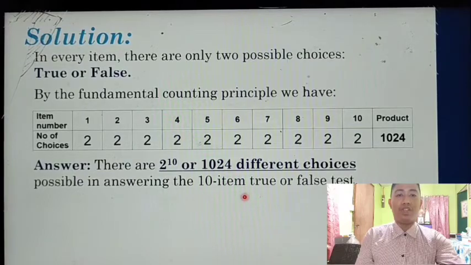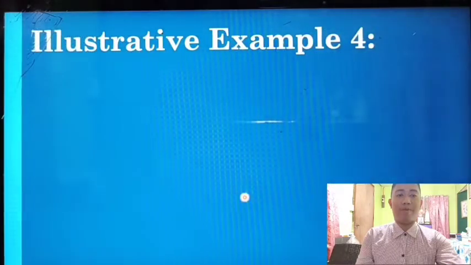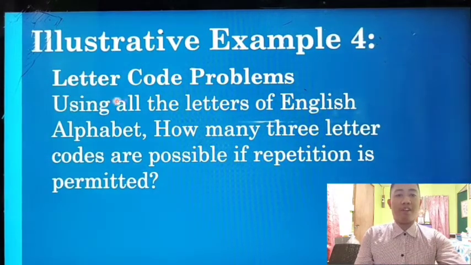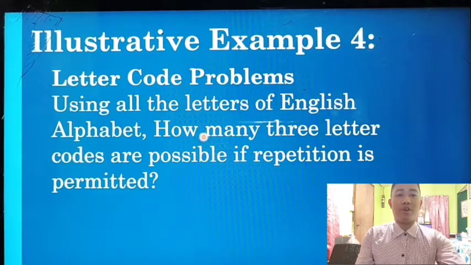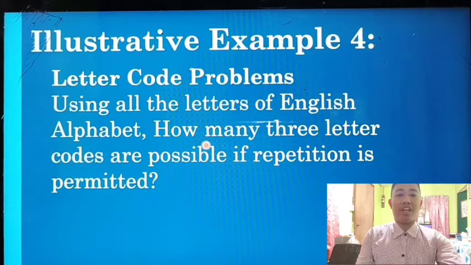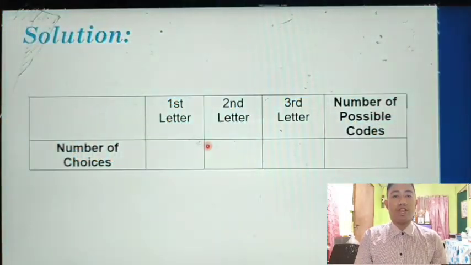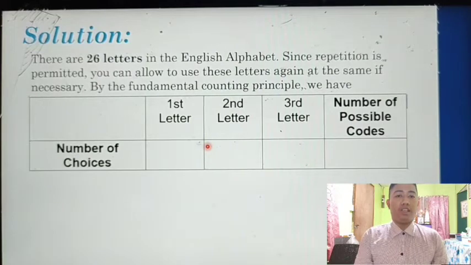So let us proceed to the fourth illustrative example. Okay, that is our letter code problem. Using all the letters of the English alphabet, how many 3-letter codes are possible if repetition is permitted? To solve this problem, here is our solution. We have 26 letters in the English alphabet.